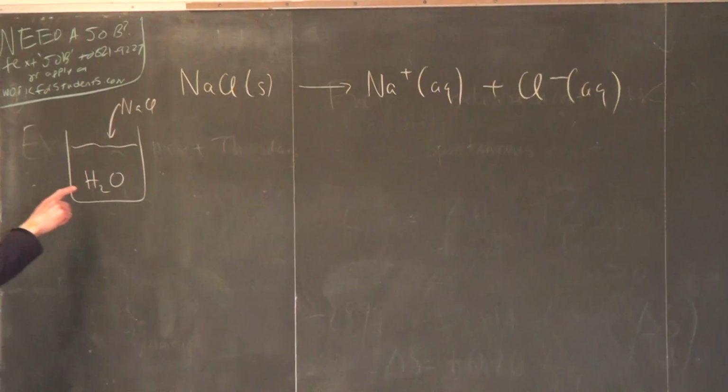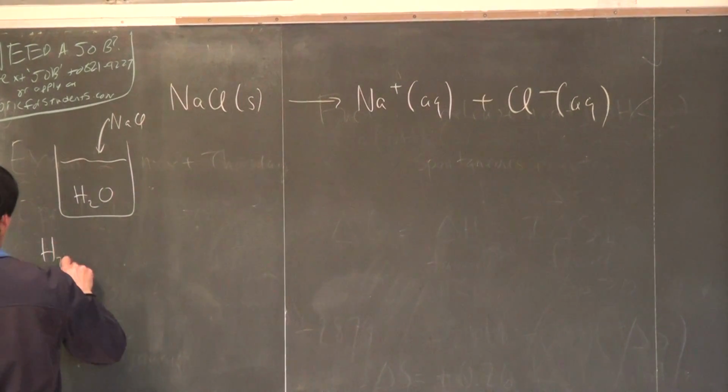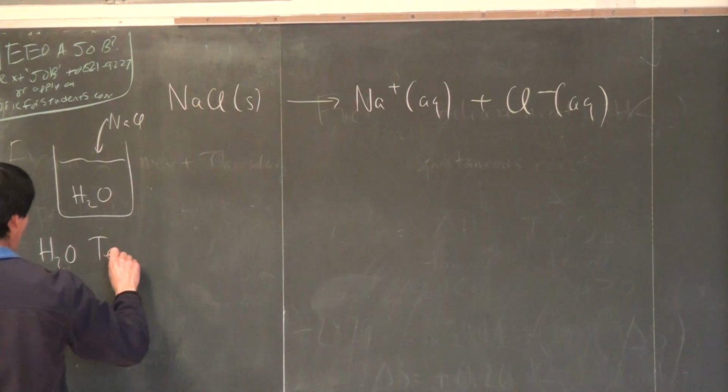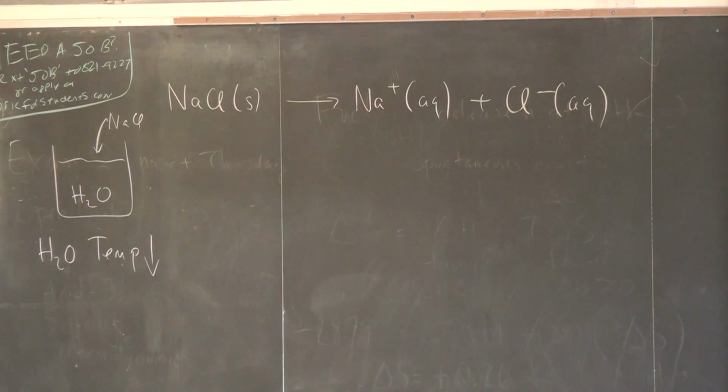Yeah, so note that when you do this, water gets colder, so the water temperature drops, which means that heat is being removed from the water, which means that heat is being gained by the NaCl.